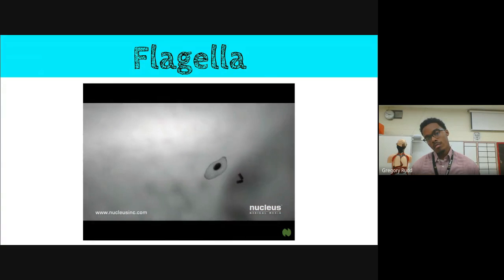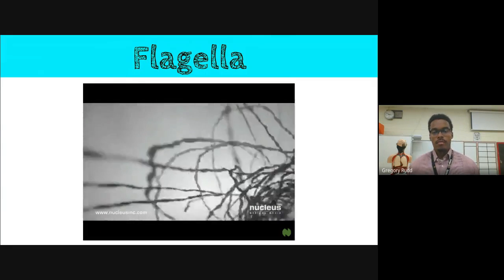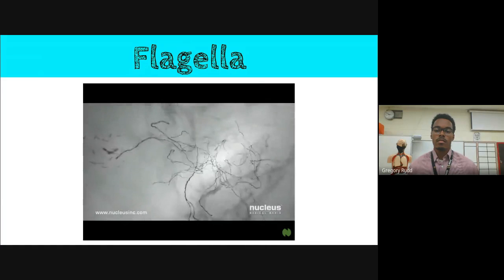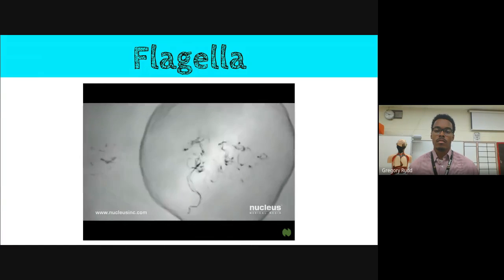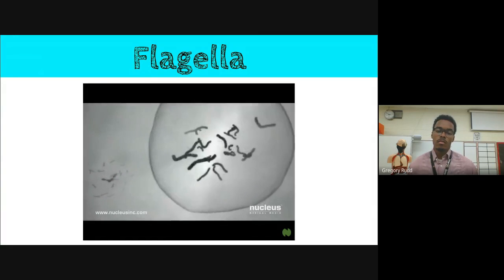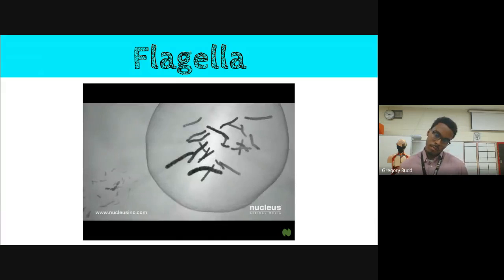Meanwhile, inside the egg, the tightly packed male genetic material spreads out. A new membrane forms around the genetic material, creating the male pronucleus. Inside, the genetic material reforms into 23 chromosomes.